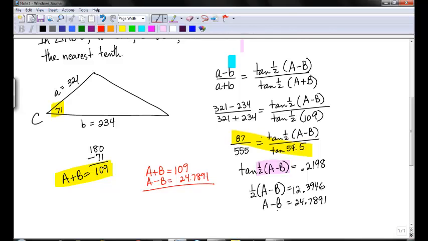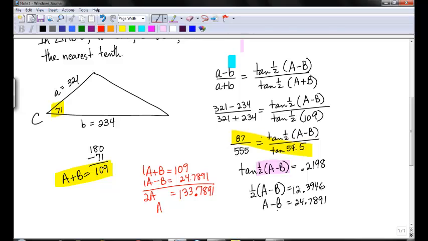Two equations, two unknowns. If we add those together, 1A plus 1A would be 2A. The B's drop out. We've already got the 24 on our calculator, so let's add 109, and I get 133.7891. Then divide by 2.